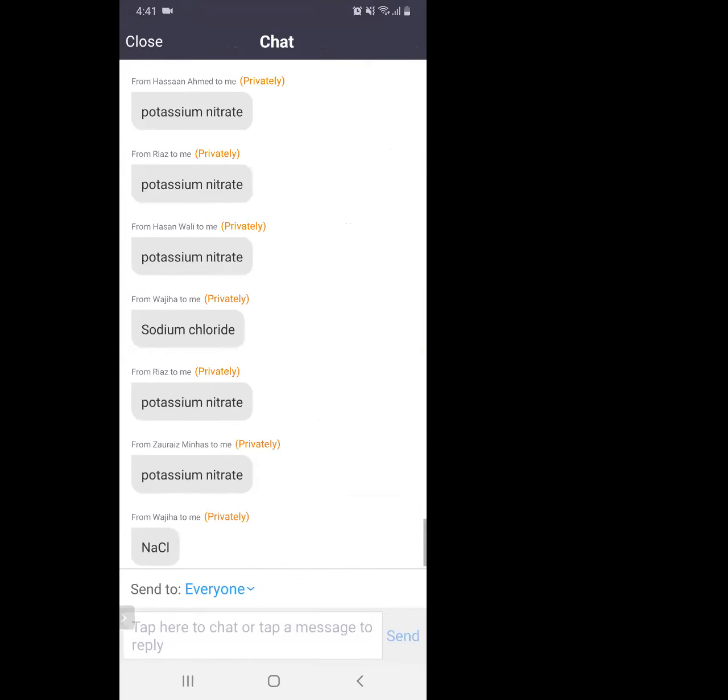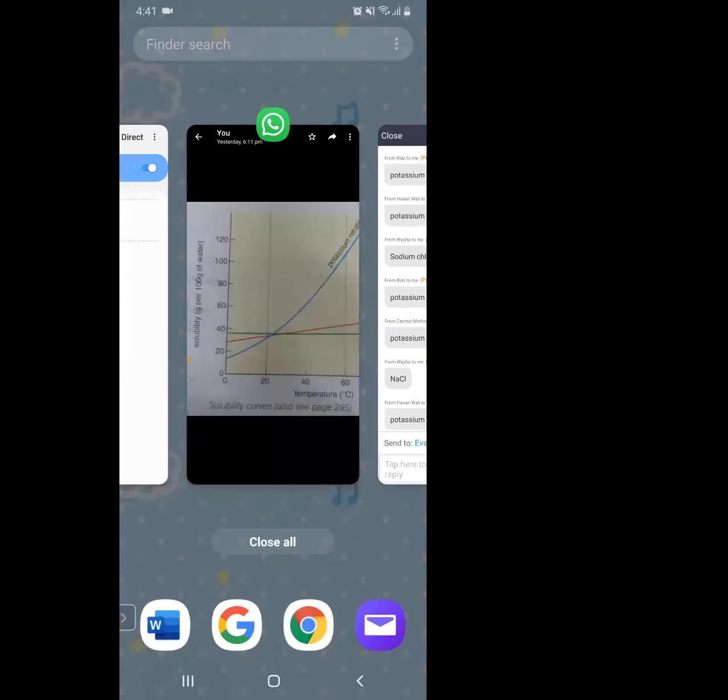Yes, good job. It is sodium chloride. Yes, Wajiha, it is sodium chloride. Riaz, why did you say potassium nitrate? The blue line is at the bottom. Can you see the blue line is at the bottom? So it has the least mass dissolving in 100 grams of water.